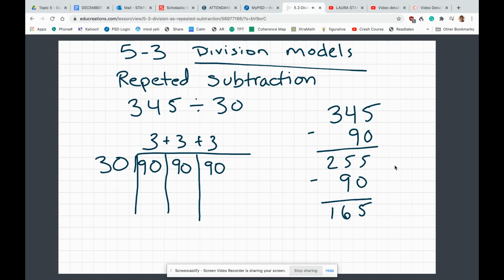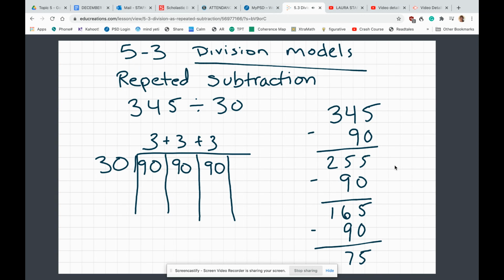I could get tricky and do 6 times 30 and save myself a couple steps, but I'm going to stick with my 3s. And I'm going to, again, need to subtract 90 because I am taking out another 90. That's going to leave me with 75.